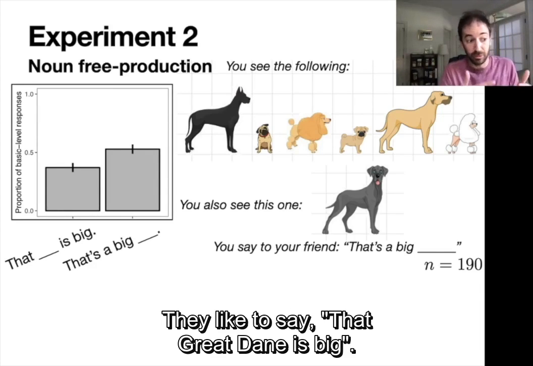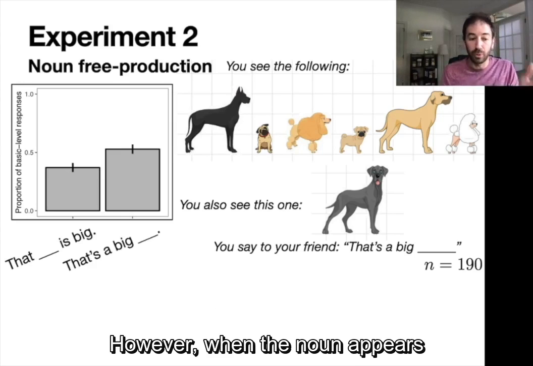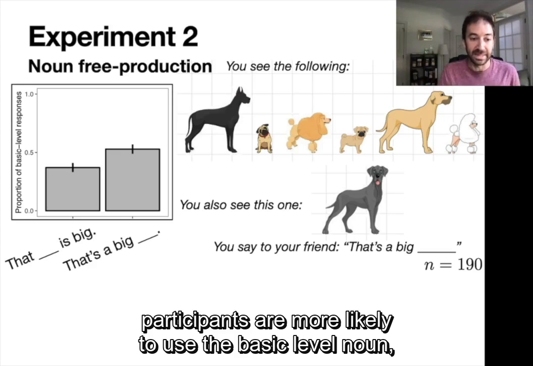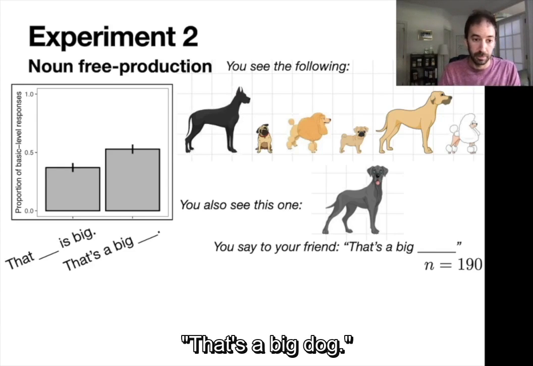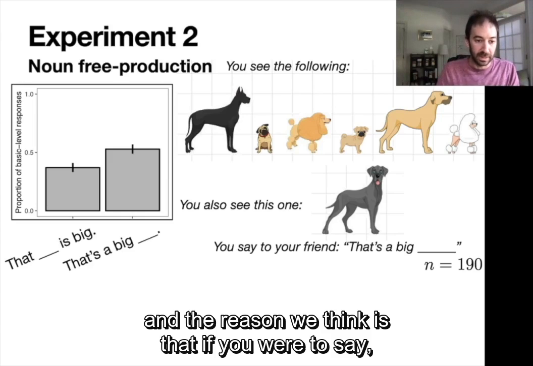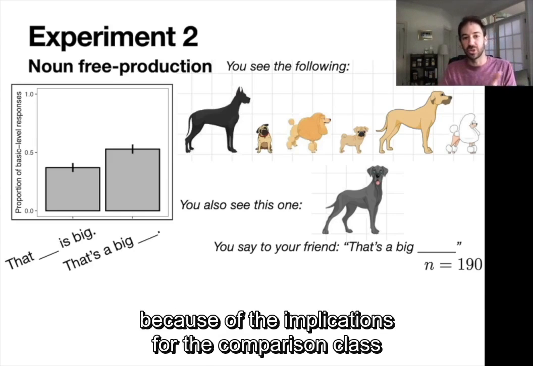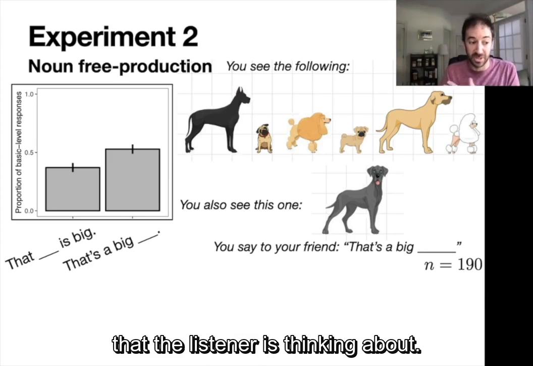They like to say that Great Dane is big. However, when the noun appears in the predicate of the sentence, participants are more likely to use the basic level noun, that's a big dog. And the reason we think is that if you were to say that's a big Great Dane, that would lead to the wrong interpretation because of the implications for the comparison class that the listener is thinking about.